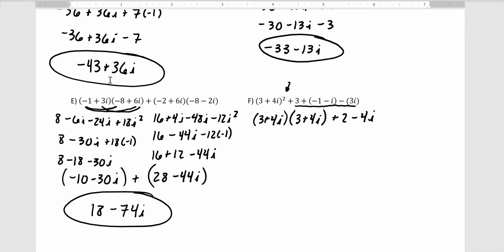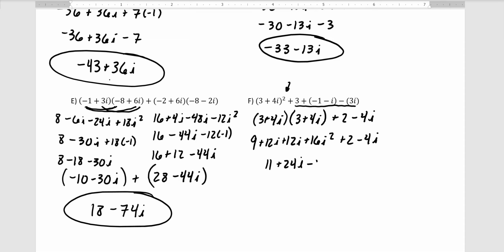So let's do some multiplying here. So 3 times 3 is 9. 3 times 4i would be 12i. We'll have that twice. And then 4i times 4i would be 16i squared, plus 2 minus 4i. So we'll have 9 plus 2 is 11. 12i plus 12i is 24i.